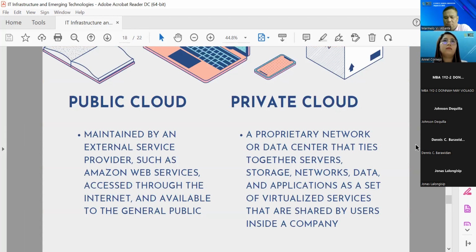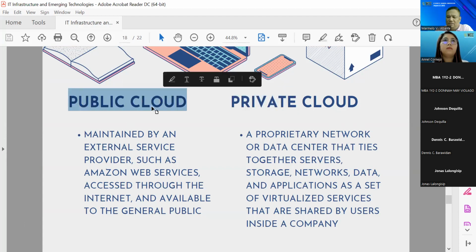We also have 2 types of cloud, the public cloud and the private cloud. By the term itself, public means accessible to all, and when private, there's just a certain set of people or computers that use the cloud system.